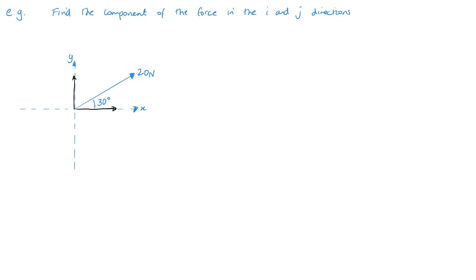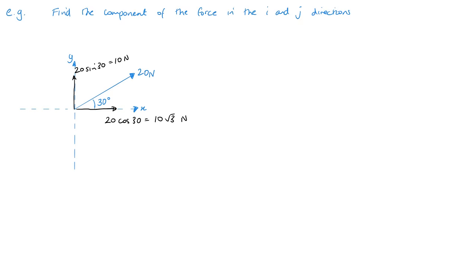And this is going to be 20 cos 30, which we can work out. Just 20 cos 30 in the calculator gives me 10 root 3 newtons. And this vertical one will be 20 sine 30, and 20 sine 30 is 10 newtons.